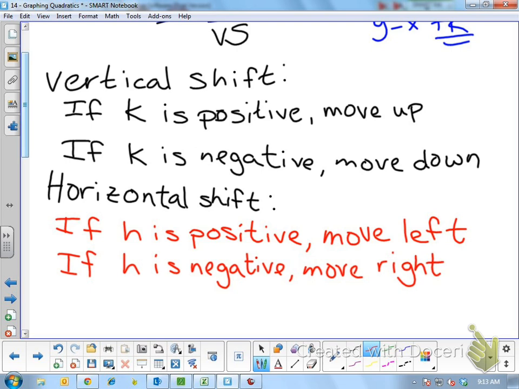So it's opposite of what we expect. A negative value actually moves us to the right. A positive value moves us to the left. And that's the number inside the parentheses. h was inside the parentheses, not outside. k is the number outside.